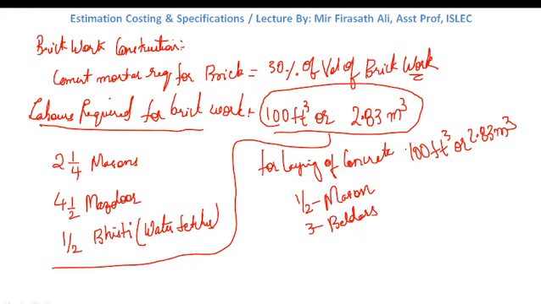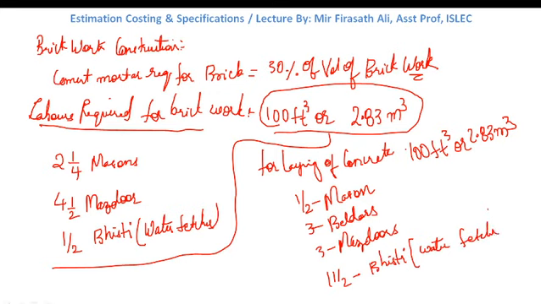What do we mean by beldars? Beldar is nothing but next to a mason, an unskilled mason we can also call it. We require around 3 mazdoors and 1.5 bhisti, waterman, the person who fetches the water.